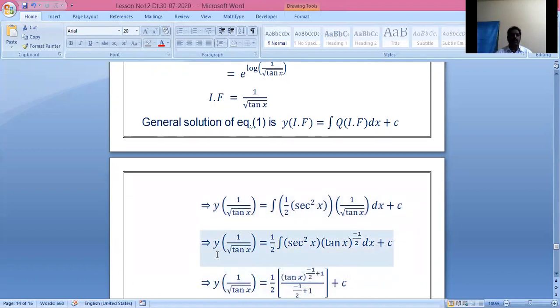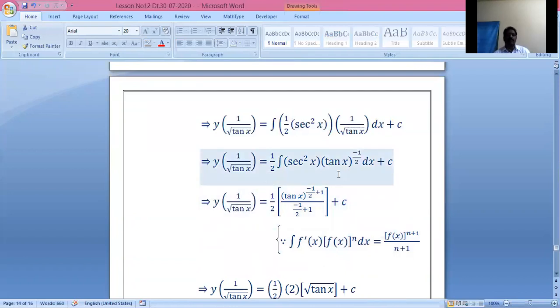That implies y into 1 by root tan x is equal to 1 by 2 into integration secant square x into (tan x) to the power of minus 1 by 2 dx plus c. Here the integrand is in the form of integration f'(x) into f(x)^n dx, that is equal to f(x)^(n+1) by n+1. By applying this formula, here we get 1 by 2 into (tan x) to the power of minus 1 by 2 plus 1 by minus 1 by 2 plus 1 plus c.